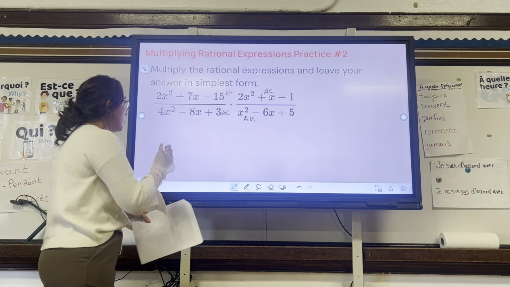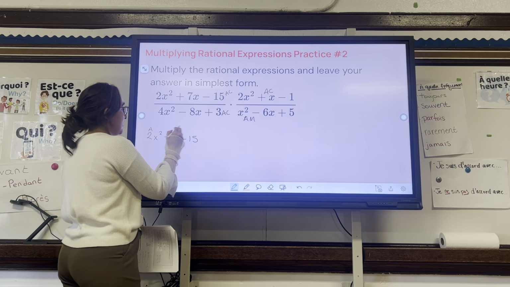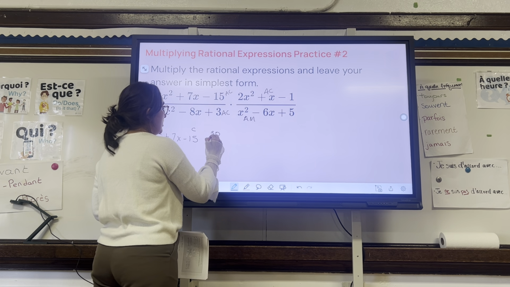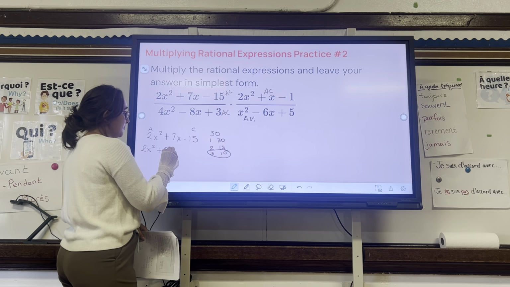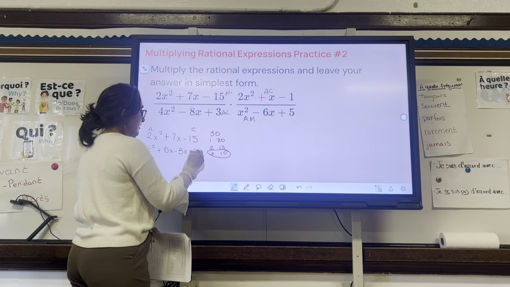So, for the first one, when we were factoring, remember, AC factoring means you multiply A times C, so this gives you 30. The factors of 30 are 1 and 30, 2 and 15, 3 and 10. The only way we'll get to 7 is with this. So it's 2x squared plus 10x minus 3x minus 15.